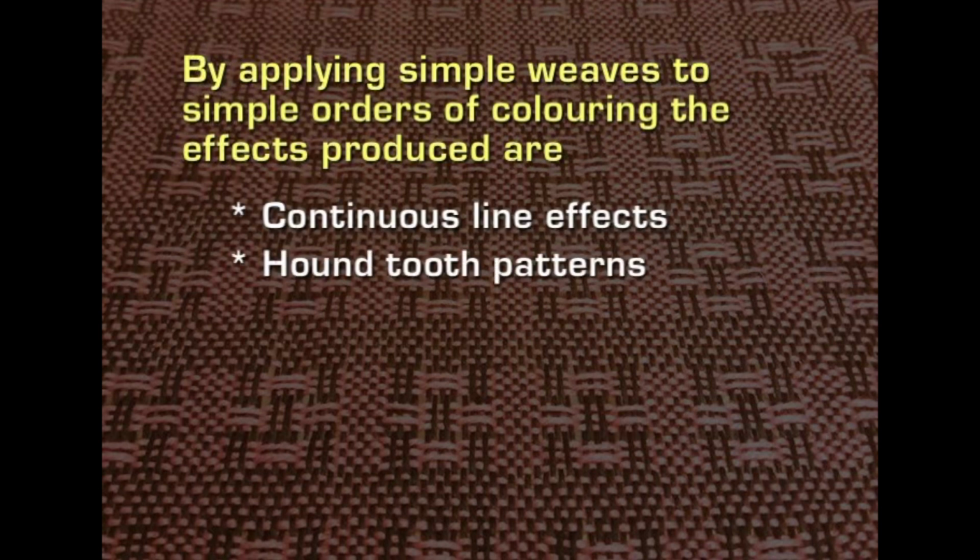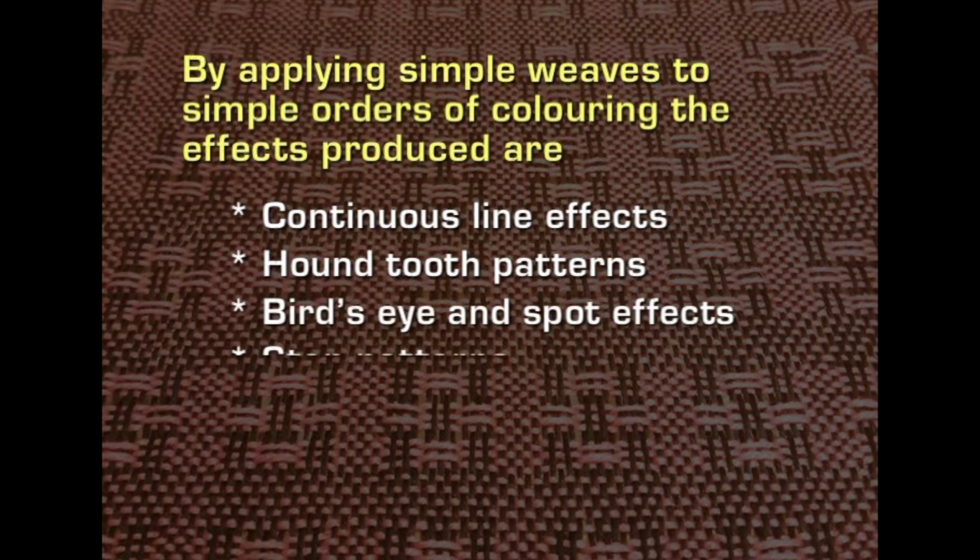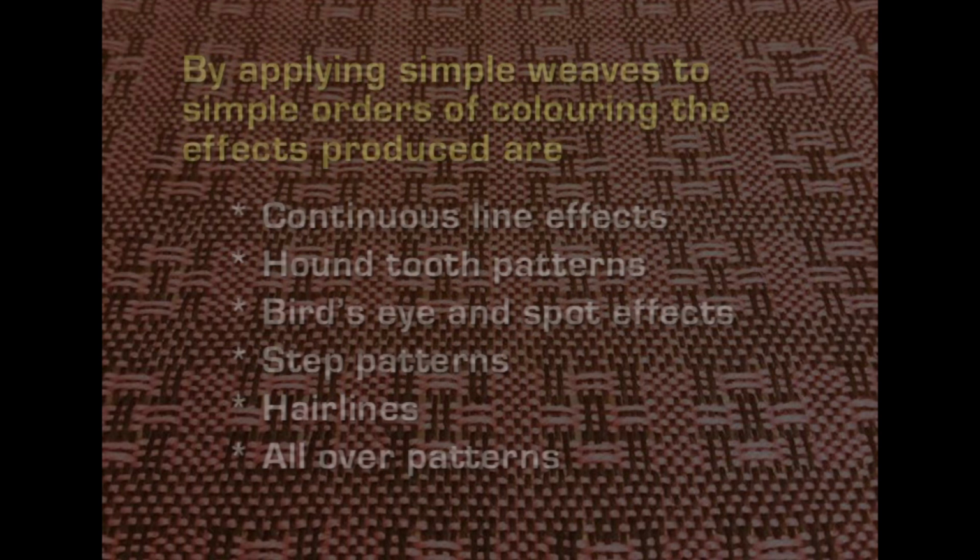By applying simple weave to simple orders of coloring, the effects produced are continuous line effects, hound's tooth patterns, bird's eye and spot effects, step patterns, and hair lines and all over patterns.